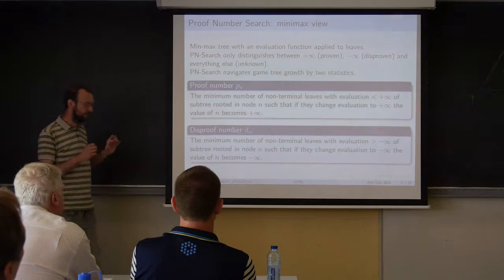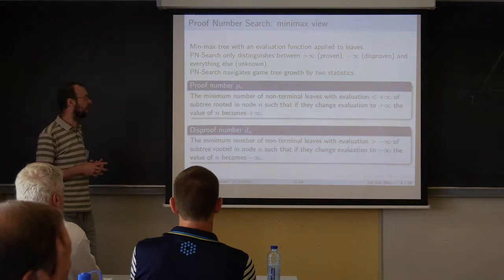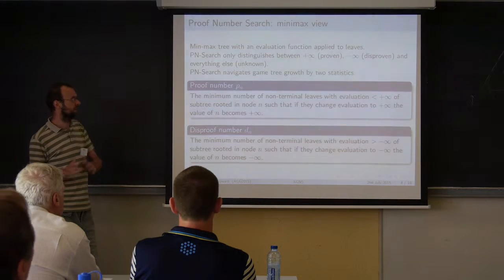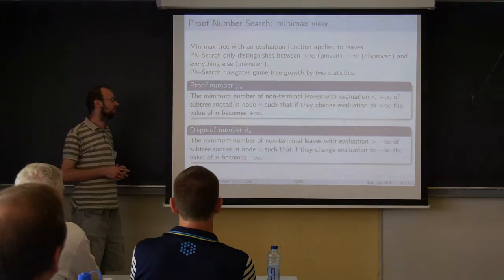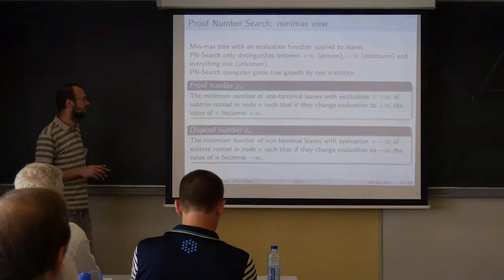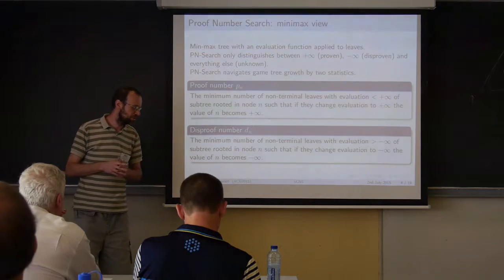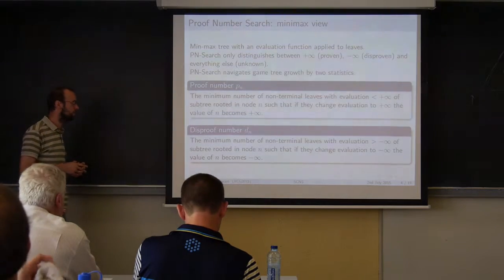And it tries to expand such leaves in order to move the minimax value in the root towards plus infinity or minus infinity. It guides the search tree using two statistics for that purpose.